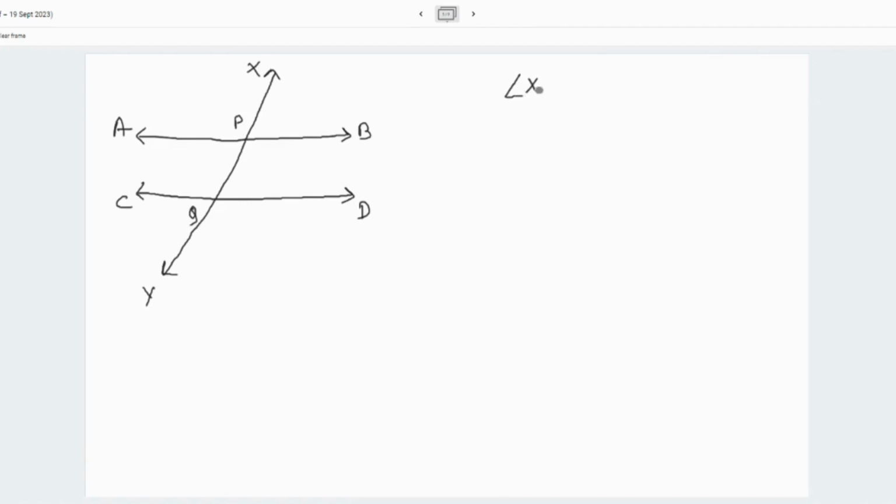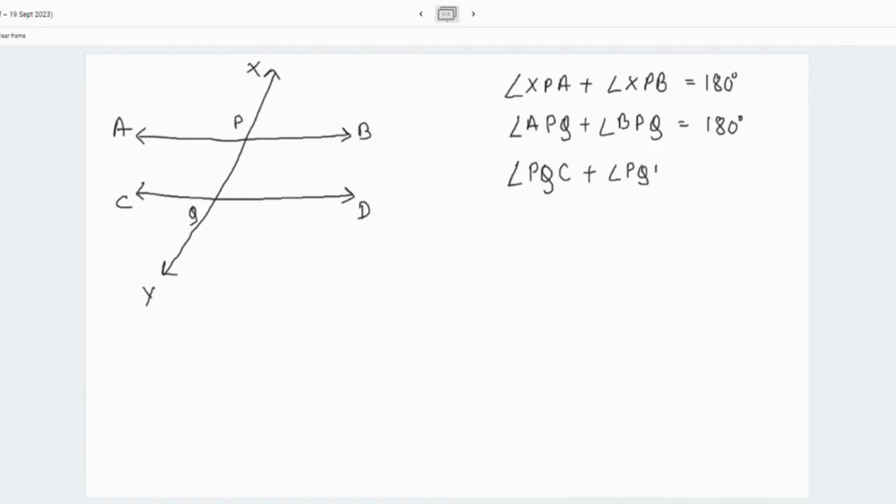The angle XPA plus angle XPB equals 180 degree. Correct? Angle APQ plus angle BPQ, because they are also lying on the same straight line. Next, angle PQC plus angle PQD is equal to 180 degree.